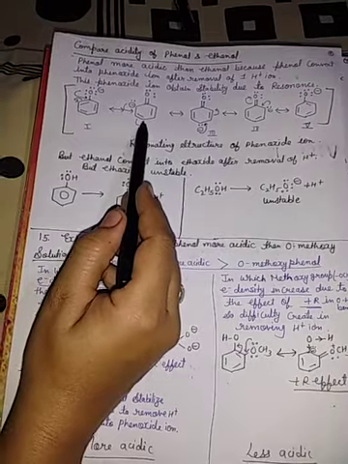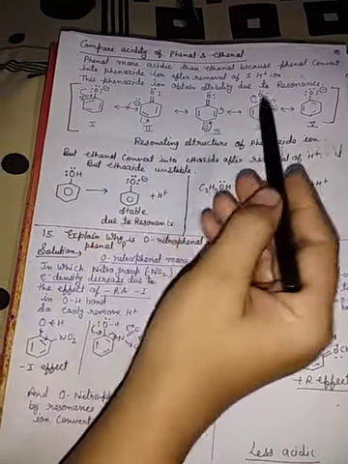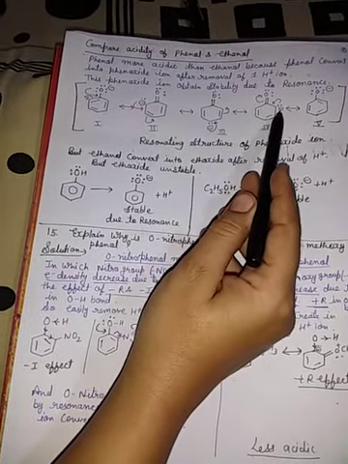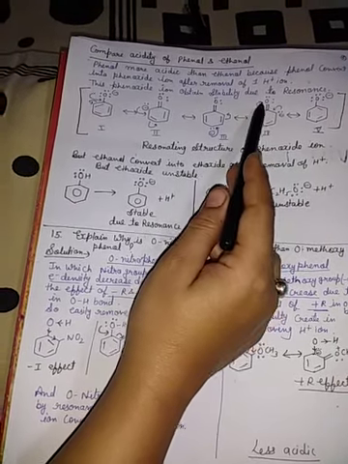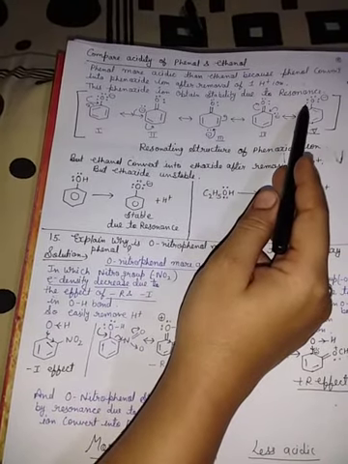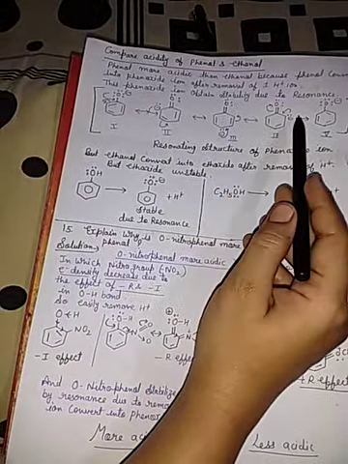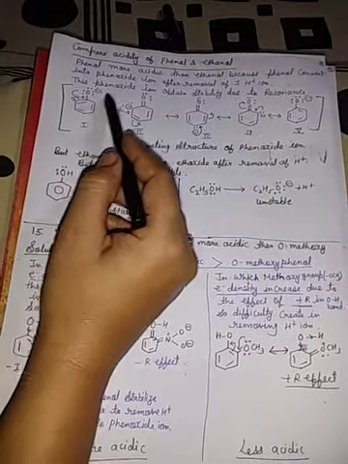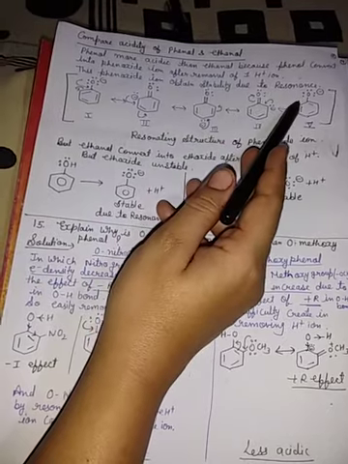Again the double bond electrons move forward, so the para position electron density increases. The next bond moves again, so the other ortho position electron density increases, and these electrons go again toward oxygen, so negative charge appears again at oxygen. So ortho and para position electron density increases when hydrogen ion is removed, which means the phenoxide ion obtains stability due to resonance.